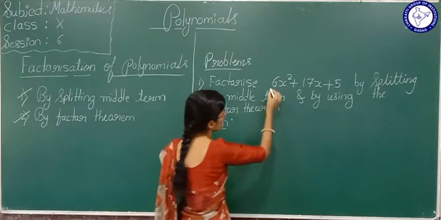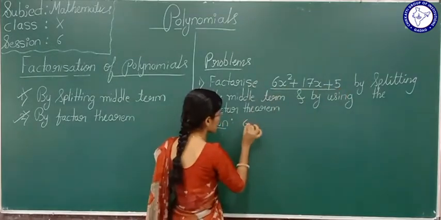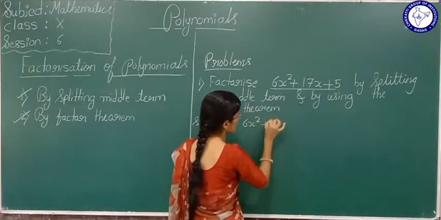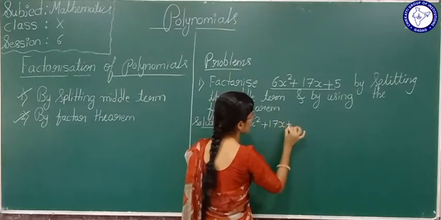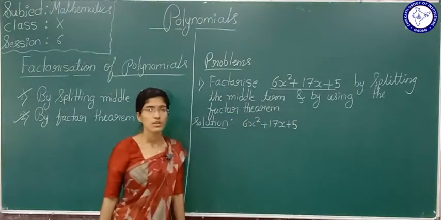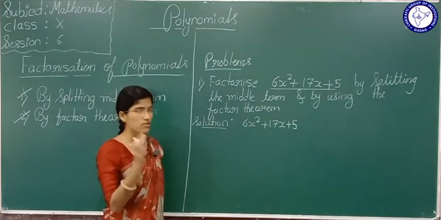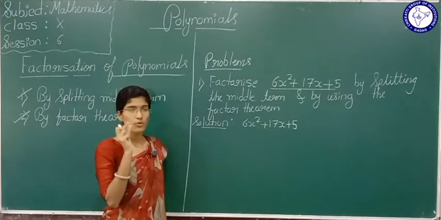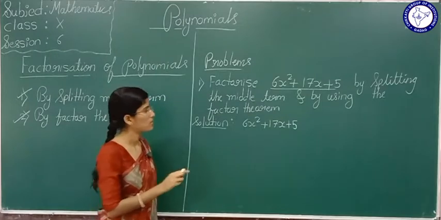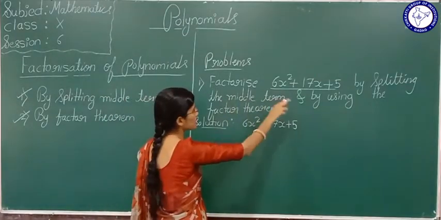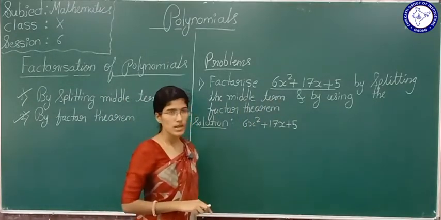See here, this is the given polynomial, 6x square plus 17x plus 5. We have to write this given polynomial as a product of its factors by splitting the middle term and by using the factor theorem, as they have told.